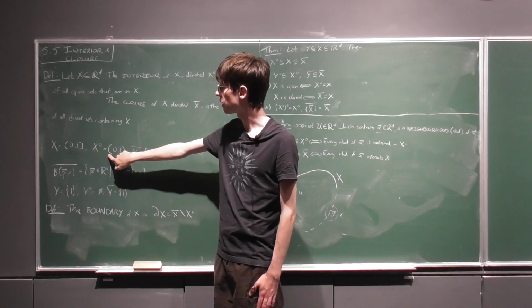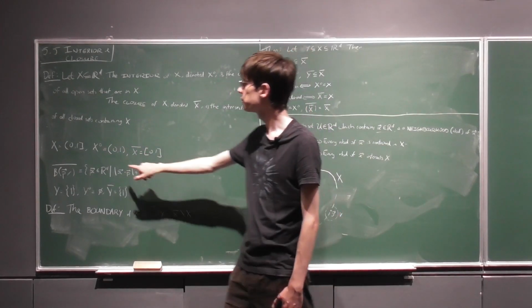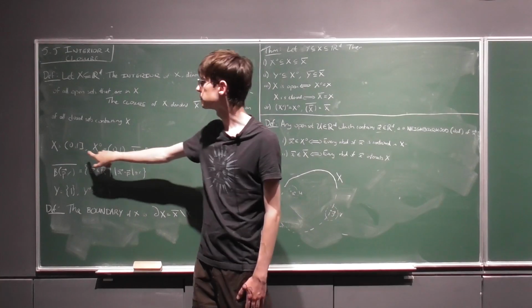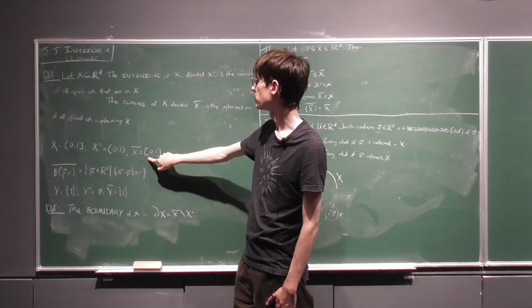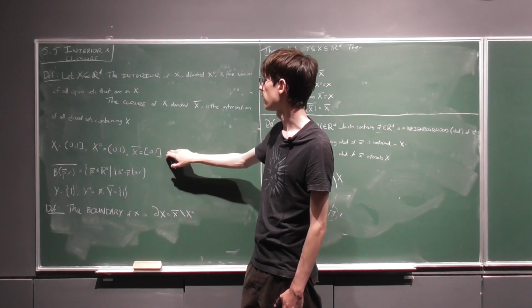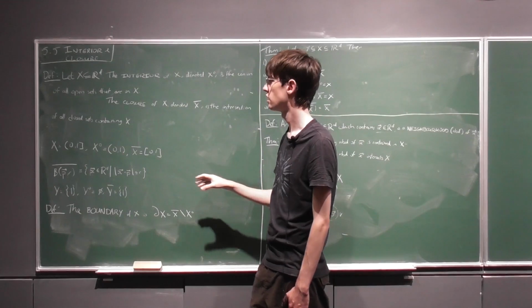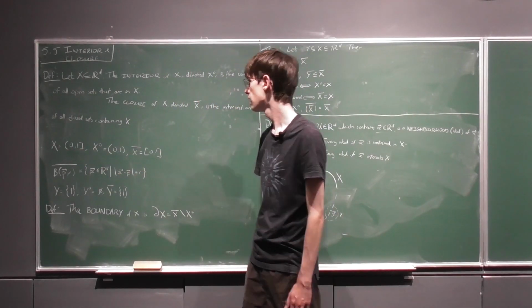Its interior becomes open because it's going to be the biggest open set within this, which is clearly this, because we just got rid of the endpoint. And then the closure would be this closed interval, because it's going to be the smallest closed set which contains this, but you have to add in one extra point.